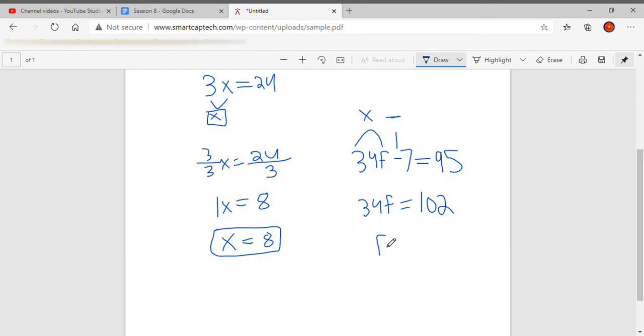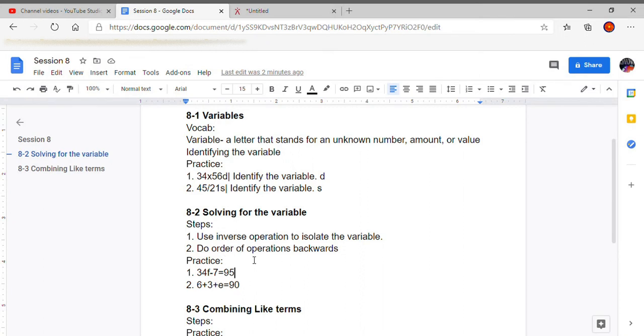When you divide, you just get f because this cancels out, remember. And then 102 divided by 34 is equal to 3. So we get f is equal to 3. So we just write f equals 3. And remember, always lowercase, f equals 3.